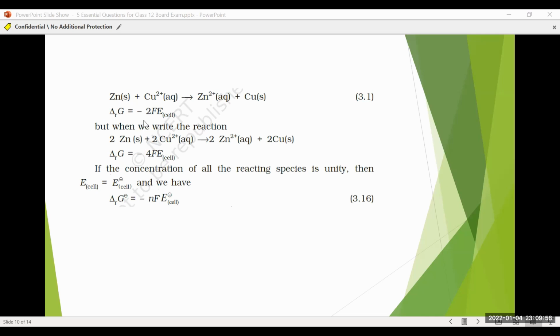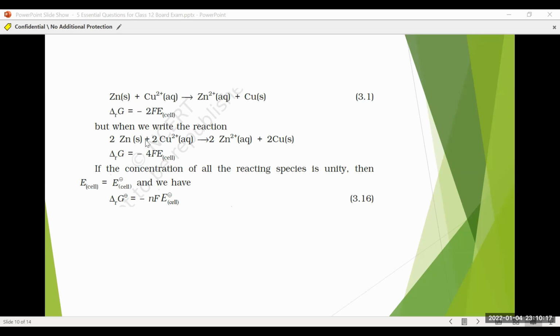Minus means spontaneous process. The electrochemical cell is a spontaneous process as long as it produces a current. Once it stops producing, then it could become equilibrium, or it may become in a later phase non-spontaneous also.